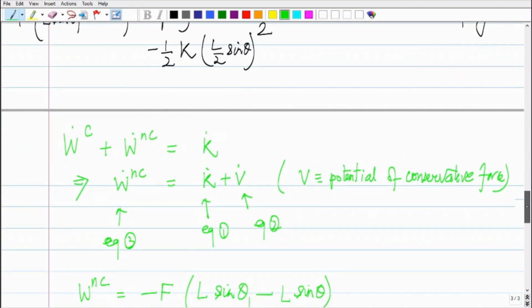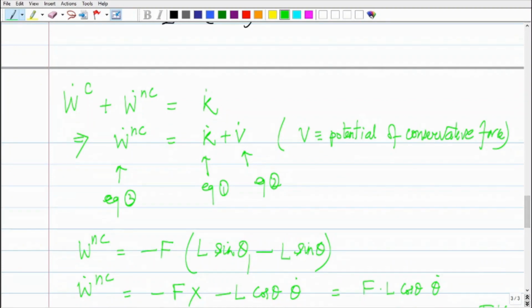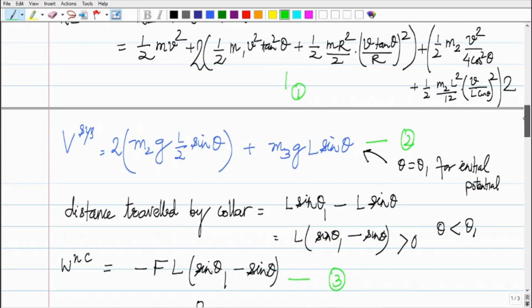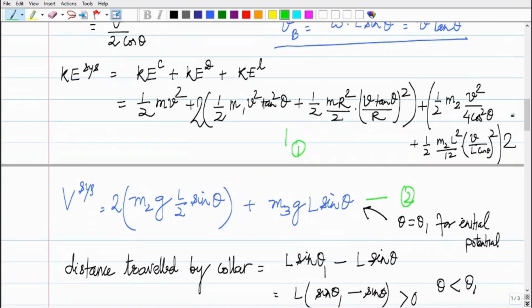Okay, but for the other things, K dot, you have the expression for K, you take the dot. So V square, when you take the dot, you get 2V into V dot. Similarly, you have theta. So you take the dot, you get theta dot.